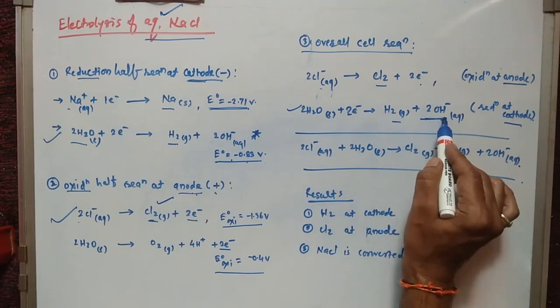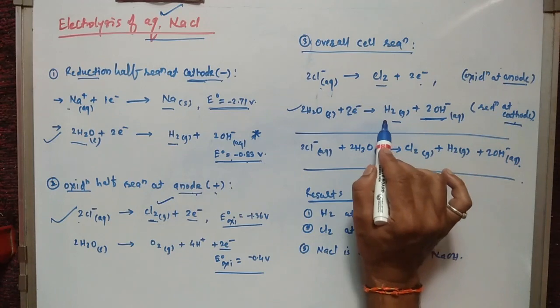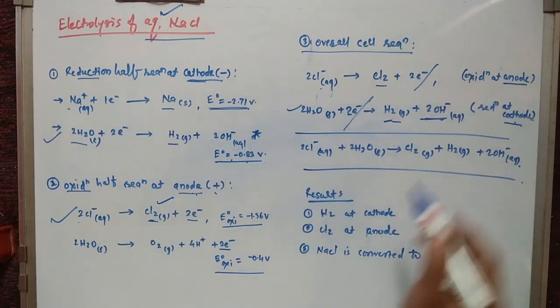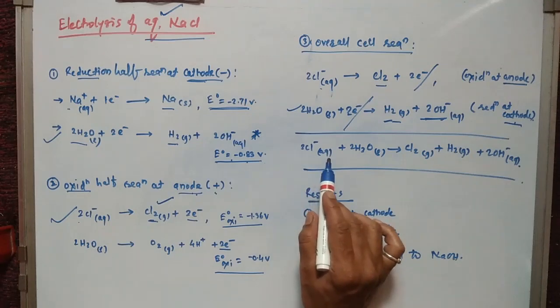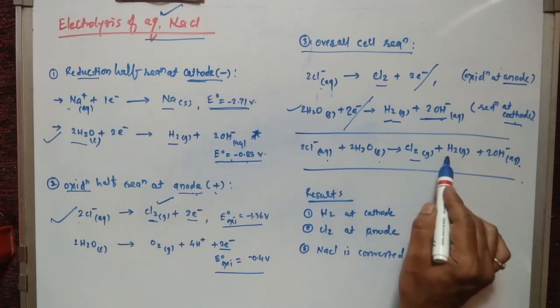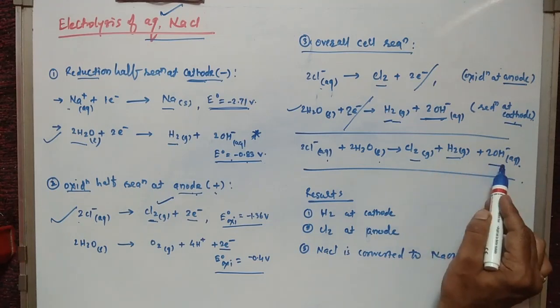Formation of hydroxyl ion takes place at the cathode along with liberation of hydrogen gas. So this is the net cell reaction. Okay, that is 2Cl minus aqueous, 2H2O liquid to form chlorine gas, hydrogen gas, and hydroxyl ions. This is the net cell reaction.